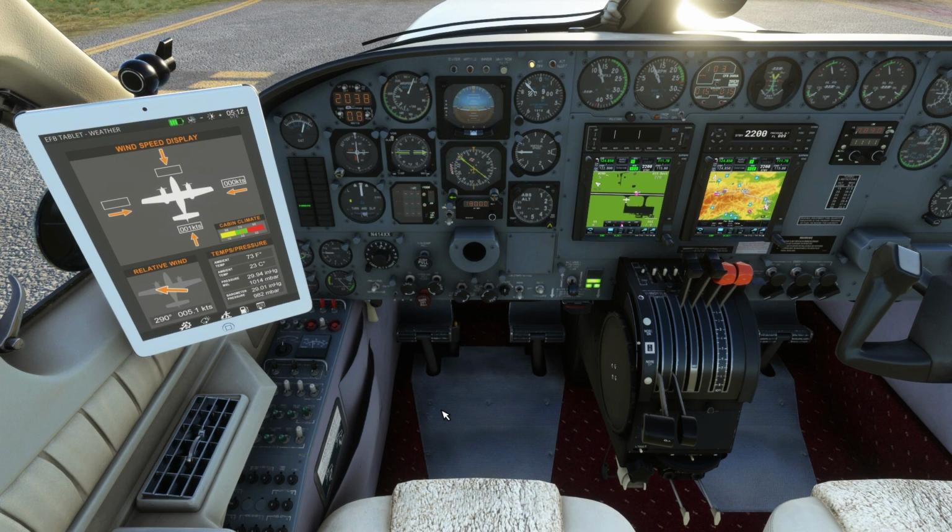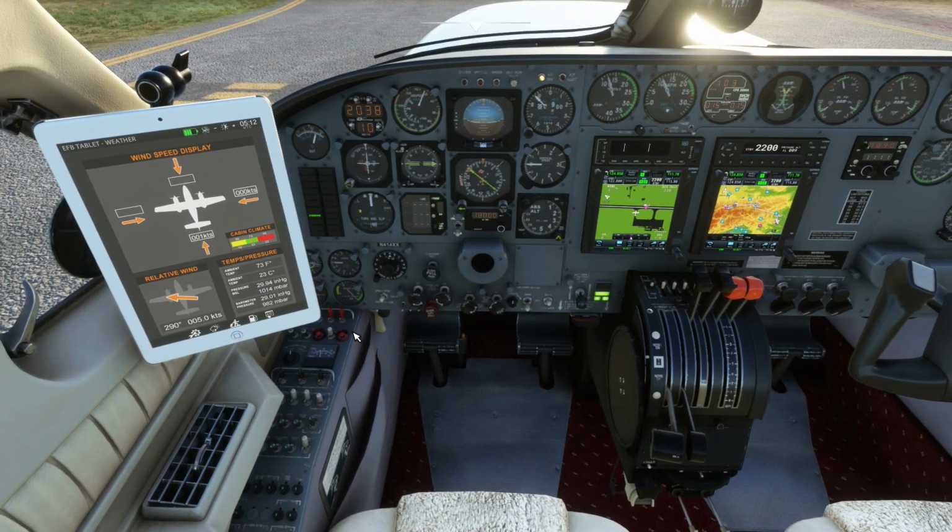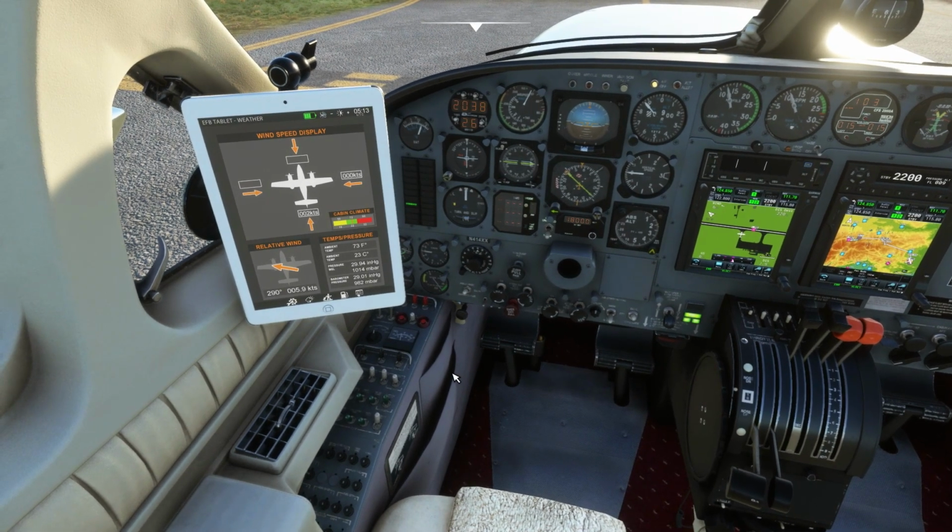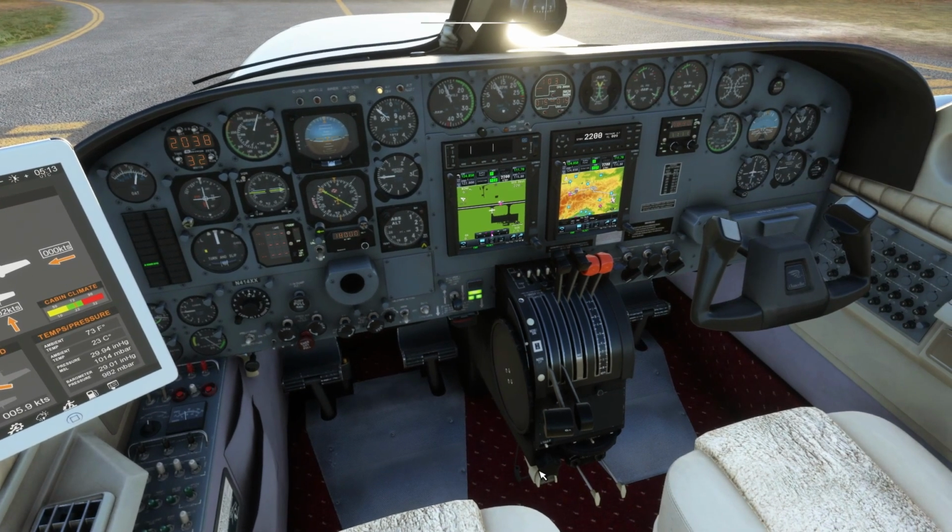I'm just thinking of something else right now. I have to do the run-up check of the engine. So let's put brakes on, pumps on high, everything is on, everything is good.